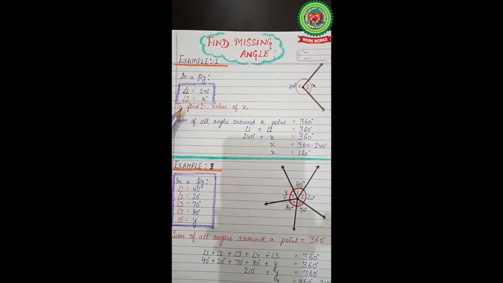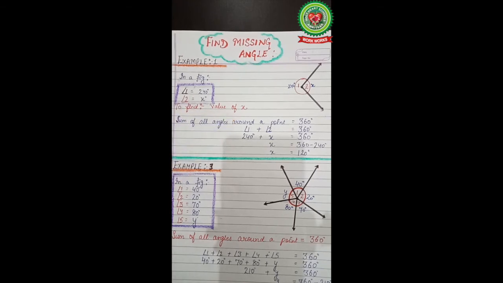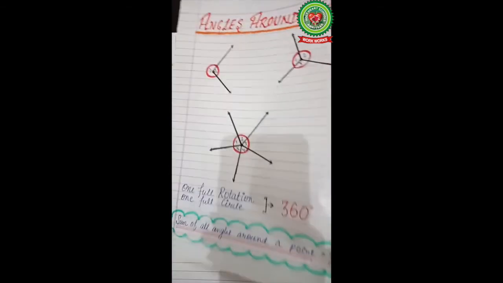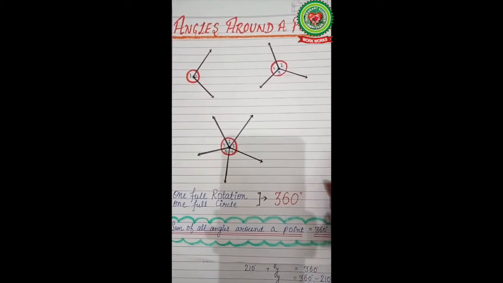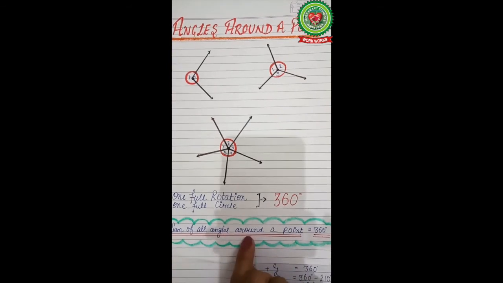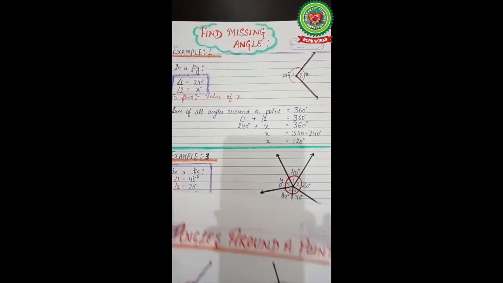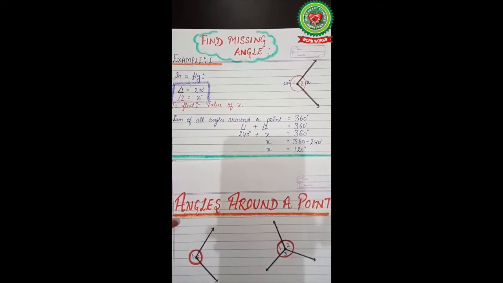Now what to do? We need to find the value of x. Just now we have learnt about a property. What was the property of angles around a point? It was that the sum of all angles around a point is equal to 360 degrees, right? You will solve this question by applying this property.